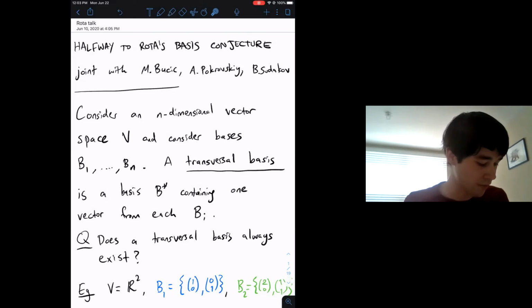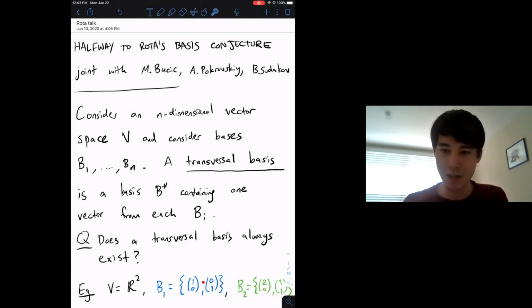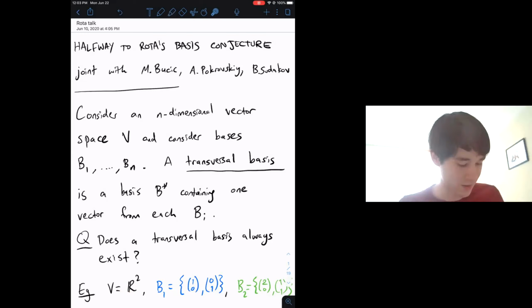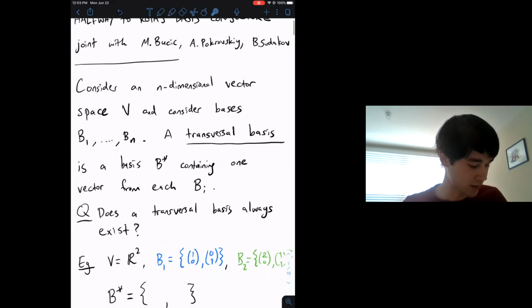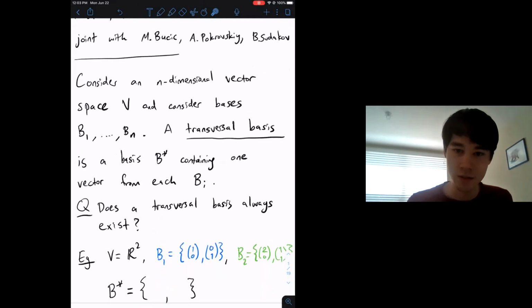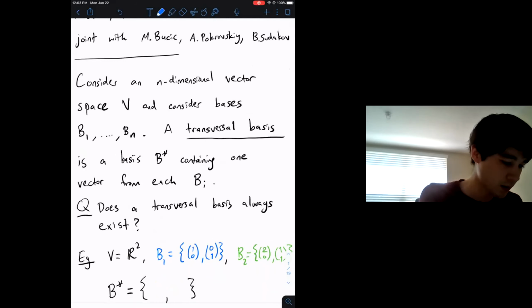So here my vector space is R squared, the plane. I have two bases. The first is the standard basis, and the second is this funny basis, which consists of the vectors (2,0) and (1,1). Let's check that there's a transversal basis. A transversal basis would have a blue element, a vector from B1, and a green element, a vector from B2.